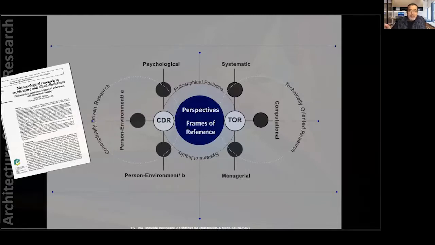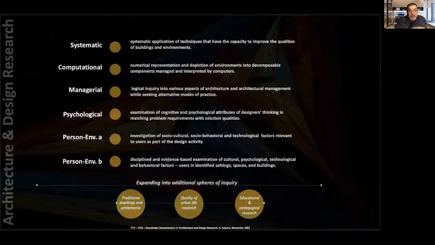It goes without saying that there have been several classifications of what research in architecture is, but this is one interpretation of what it is based on the past 60, 70 years. The characteristics of these research types can be outlined here in this slide.